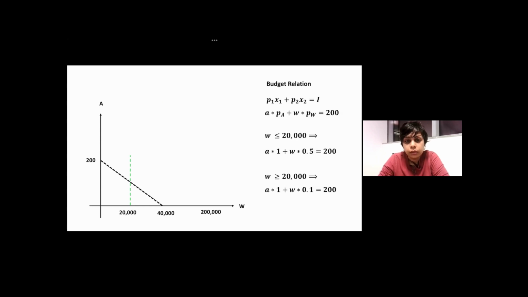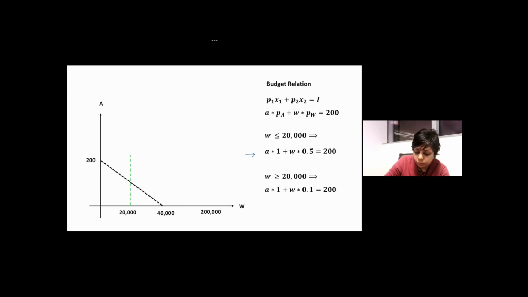Now here is your usual equation. Your budget constraint: 200 is your income. So what is the equation for water less than 20,000? It's A into 1. I've used small letters here, don't confuse that. Small a is the quantity of apples, 1 is the price of apples, plus W, the quantity of water, into 0.5, the price of water.